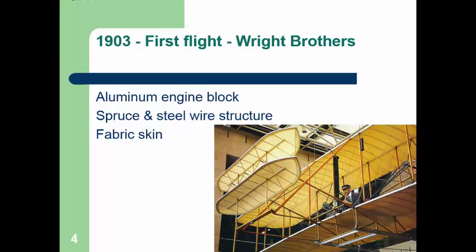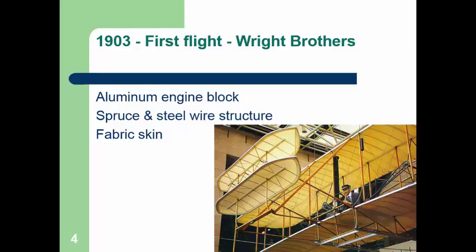The airframe was actually made of spruce and steel wire for reinforcement because those were available materials, and they were the best materials on the market that would allow them to build the airframe. They used a fabric skin because that was known technology in the day.